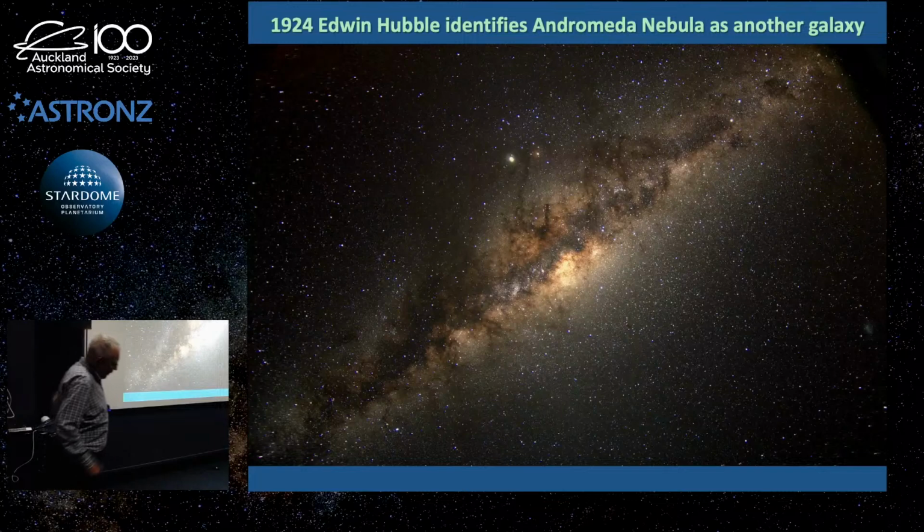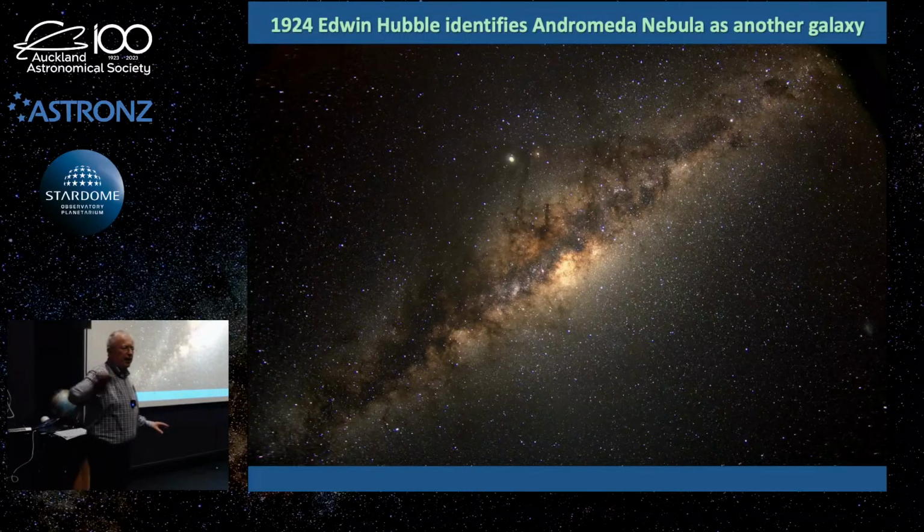So up until 1924, it was generally considered that all the stars, all the objects that we could see in the sky were within the Milky Way, and the Milky Way was the universe. There were a few fuzzy little patches, however, which they called nebula.